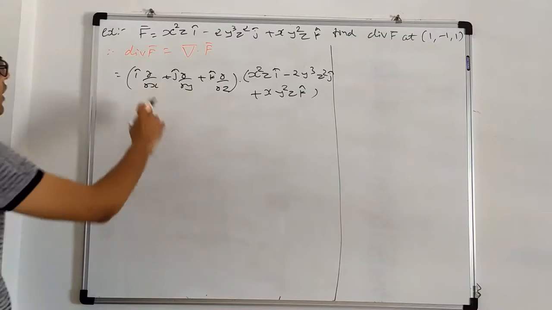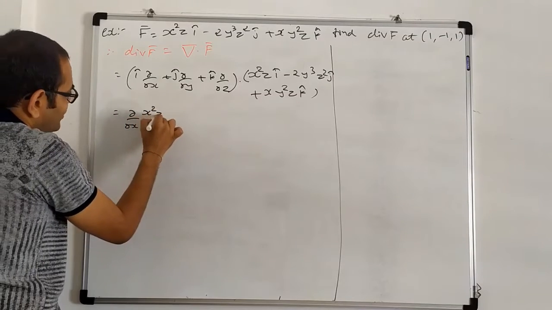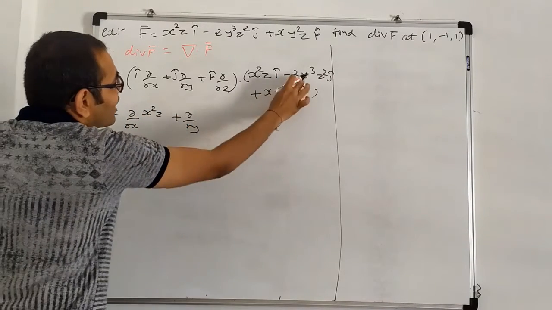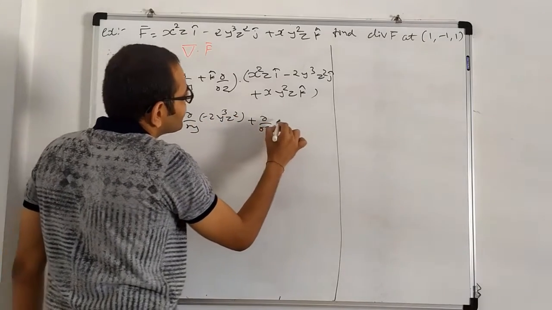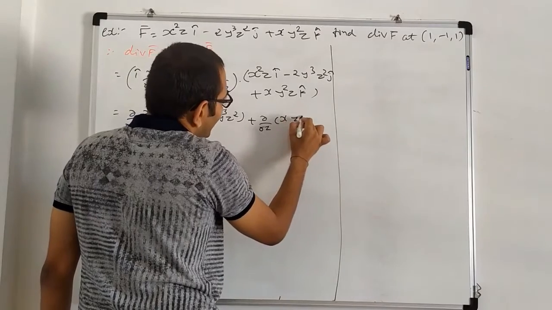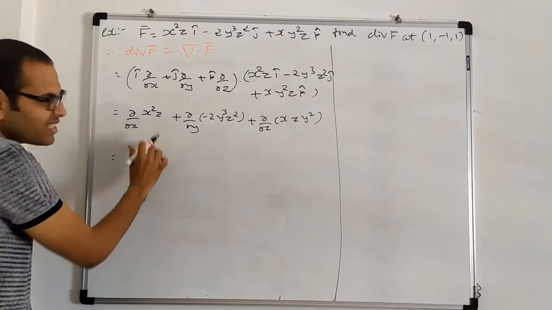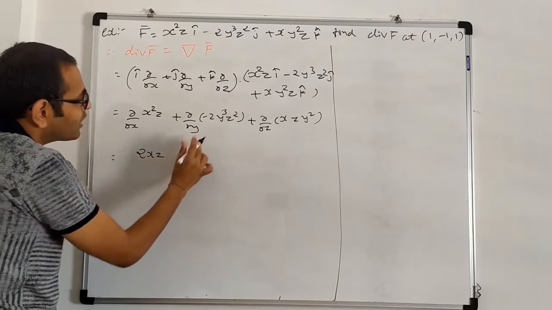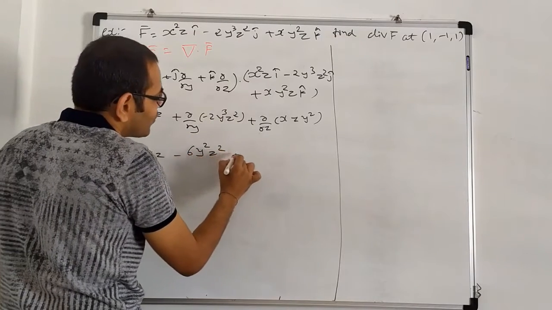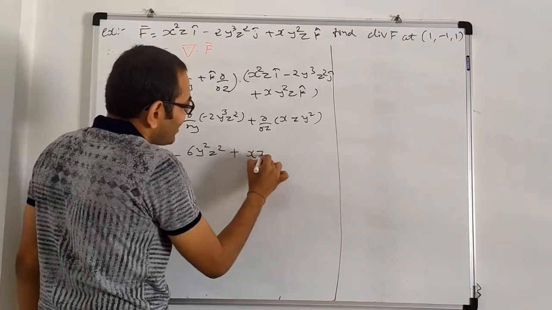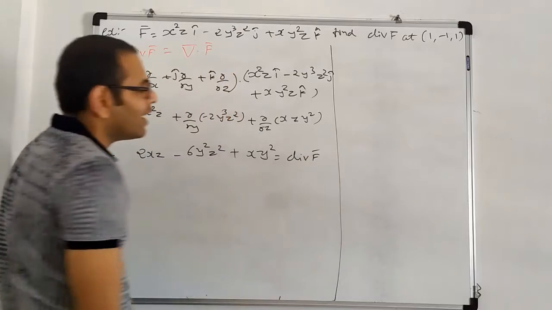Now dot product, then i into i is 1, then we get del by del x of x square z plus del by del y of minus 2y cube z square plus del by del z of x y square z. Now with respect to x derivative, we get 2xz; with respect to y, 3 twos are 6, y square z square; with respect to z, then xy square, that is our divergence of f bar.